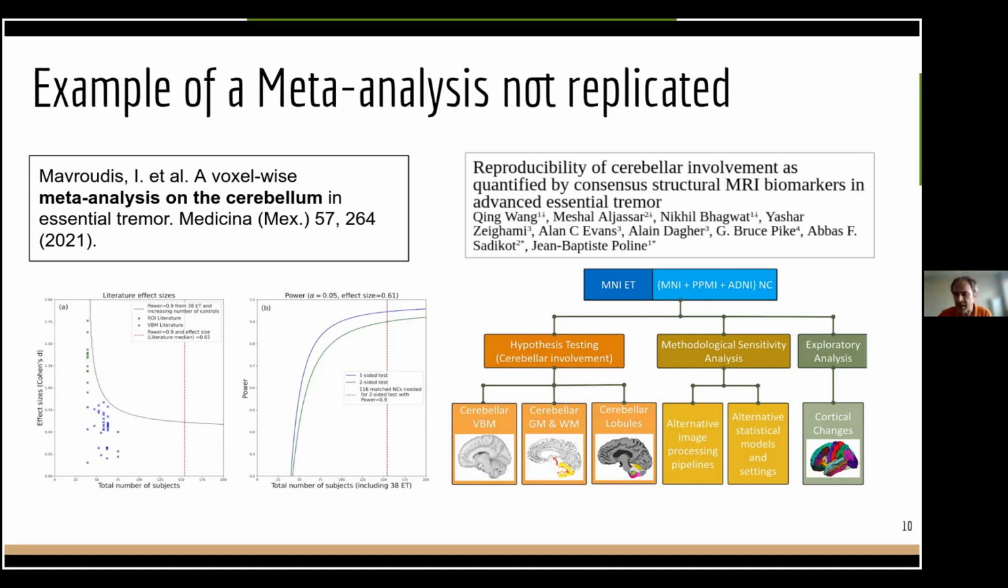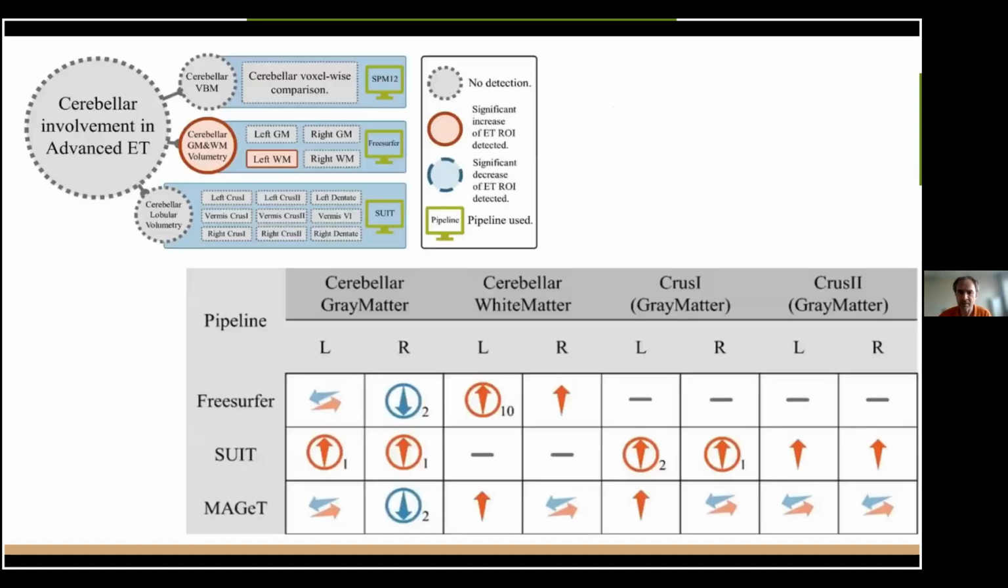And we actually designed and pre-registered a study with a good power, something like more than 85% of power, and a bunch of different possible pipelines and ways of analyzing data, and we basically did that well-powered study to check whether the results of the meta-analysis were sustained.